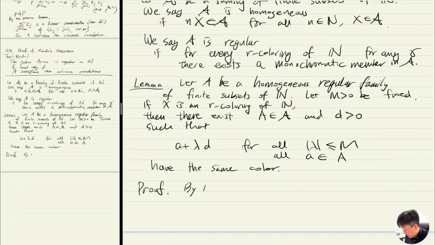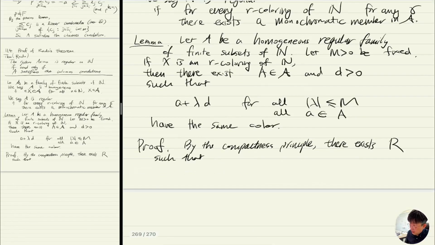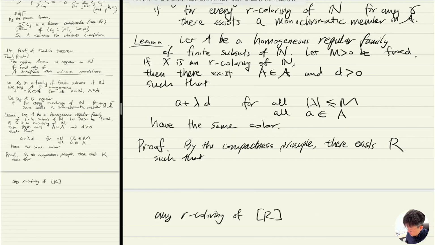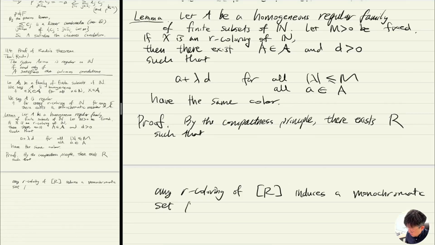But by the compactness principle, there exists an integer R such that any r-coloring of the set of positive integers from 1 to R induces a monochromatic set in A. How do we do that?